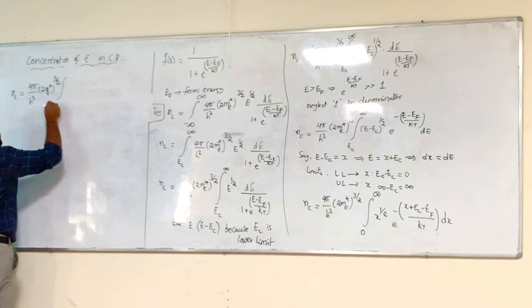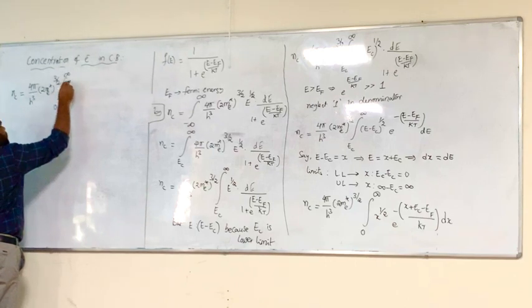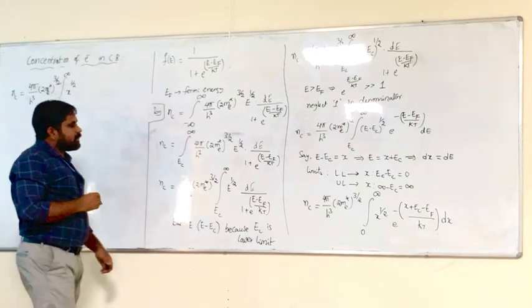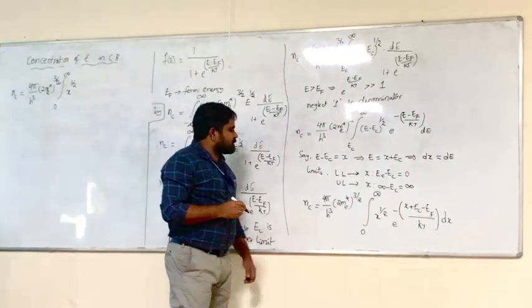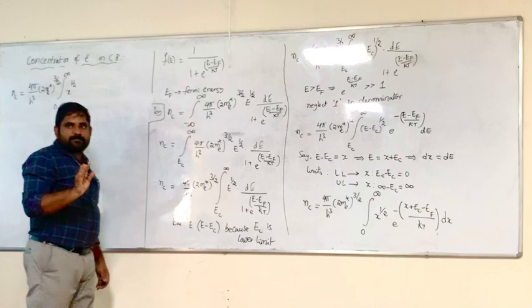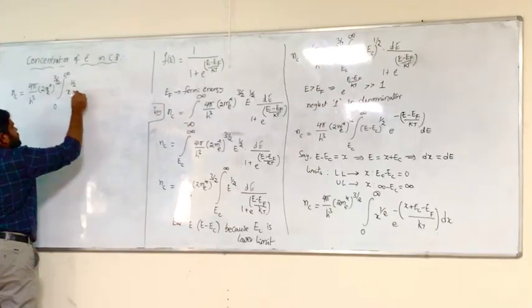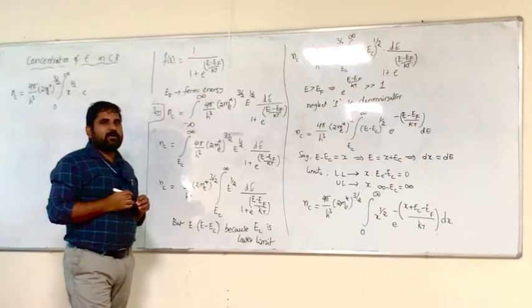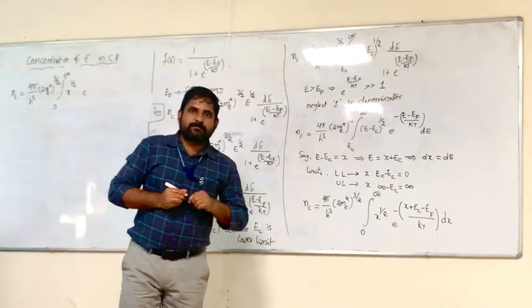Integral 0 to infinity x to the power 1/2. Now you have to separate. Constants are e to the power (Ec minus Ef) by kT is the constant. So my constant is, if I split it, e power a plus b, what will happen if I want to split it?